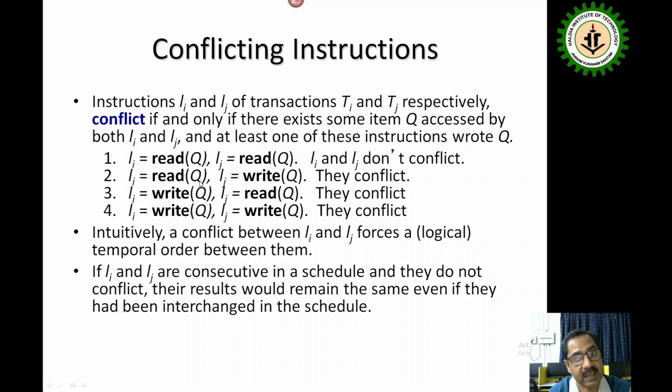The initial value of the data item is changed by the other transaction Tj, because Ij is the instruction of transaction Tj, not Ti.